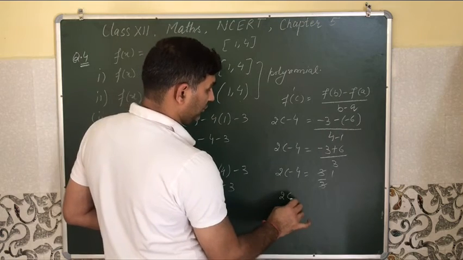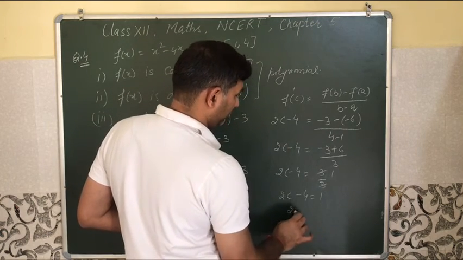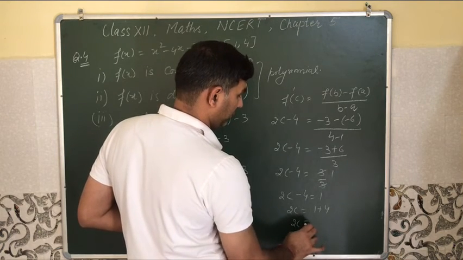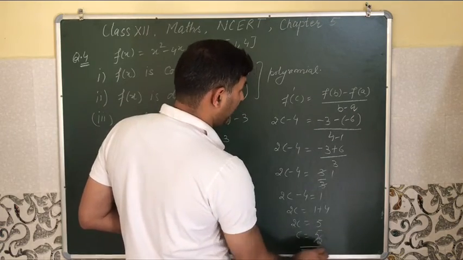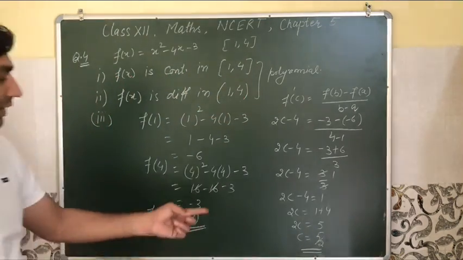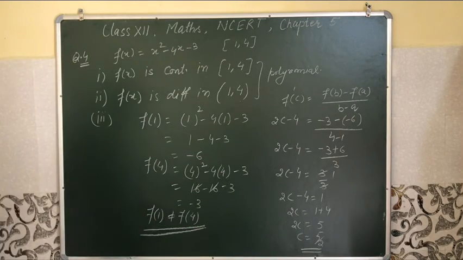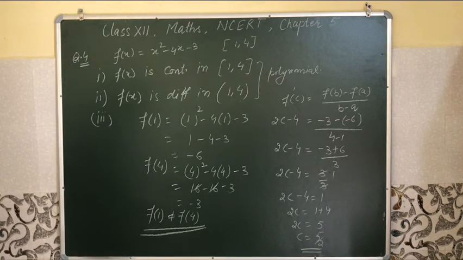Then 2c minus 4 is equal to 1. 2c is equal to 1 plus 4. 2c is equal to 5 and c is equal to 5 by 2. And 5 by 2 means 2.5, and 2.5 lies in the given interval 1 and 4. That means we verified the mean value theorem.